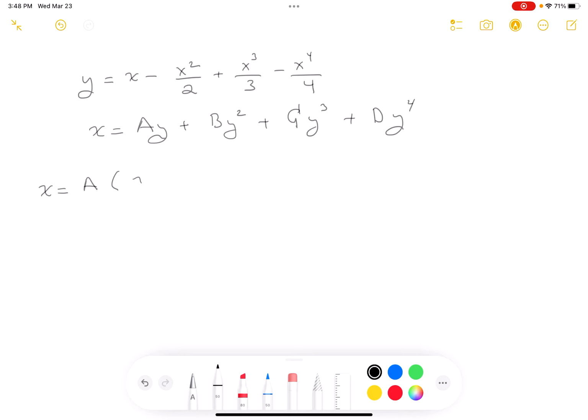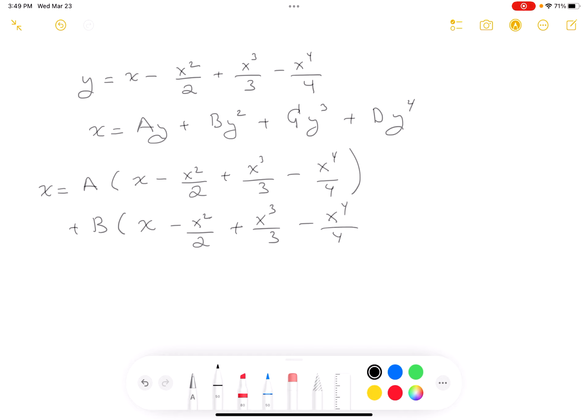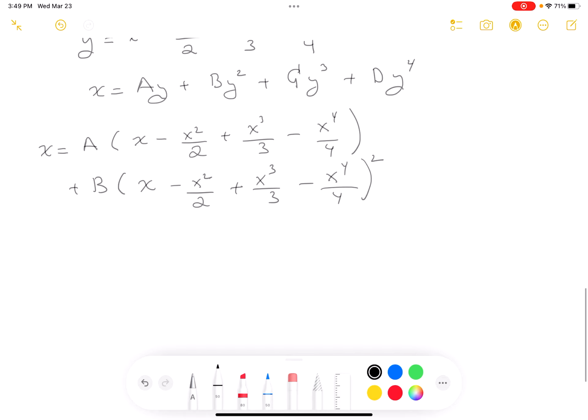Well, what's y? x minus x squared over 2 plus x cubed over 3 minus x to the 4th over 4, plus b times that same expression squared, plus c times it cubed, plus d times it to the 4th power.